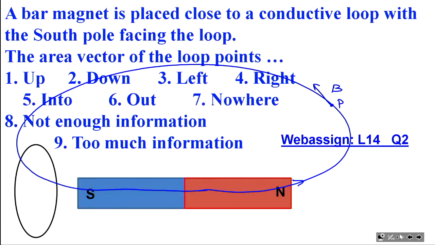We don't care about this, right? Why? Because there is no information about that. So if we go along a line, here we could draw a vector. Then we would have to apply a definition of a magnetic flux.